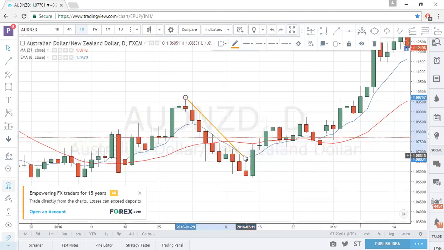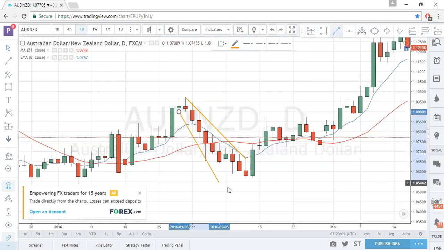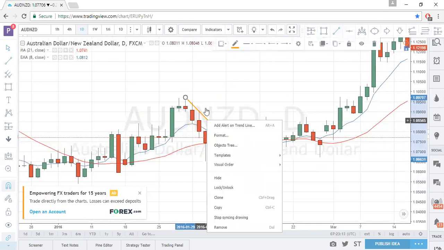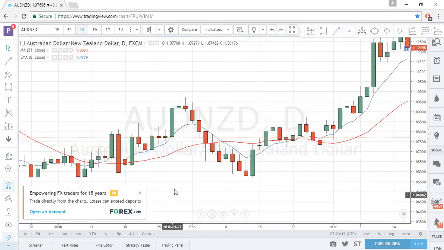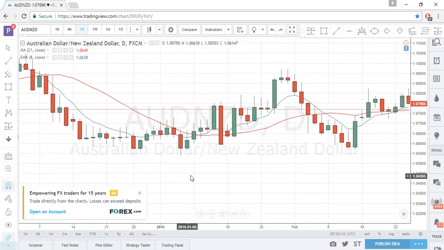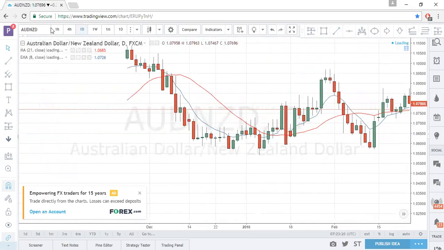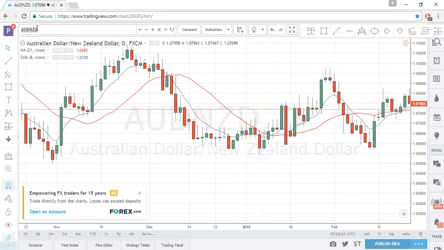For it to be a valid downtrend. I think I got this wrong. Let's look for more. Now you can see the trend, right? Okay, let me find a different chart and let's see.